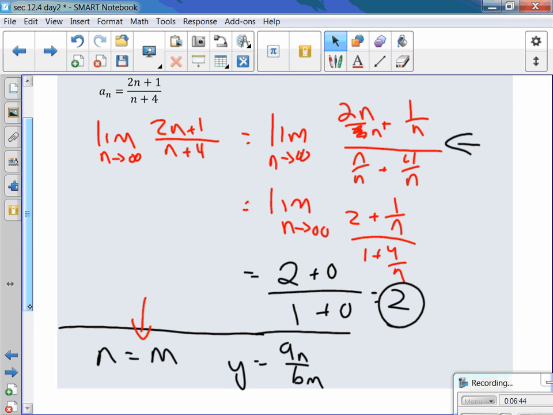But this is why this is a nice technique to know: I'm just dividing by the nth term. If you do know the cases n equals m, n is less than m, n is greater than m, looking at those horizontal asymptotes, that is definitely a lot faster and a lot more efficient. So it's a good idea to know both techniques.